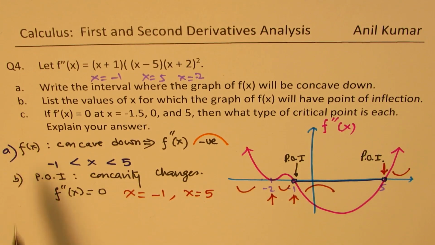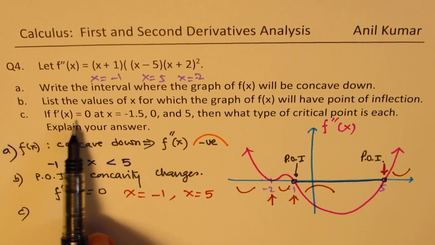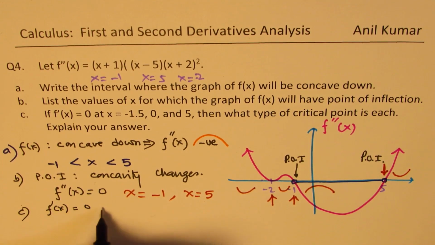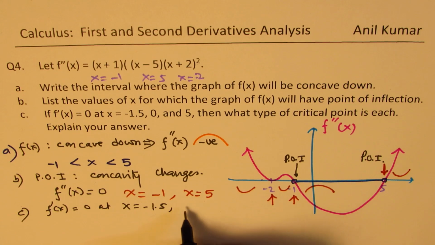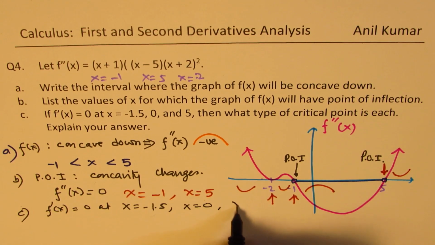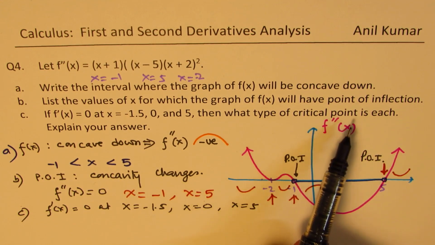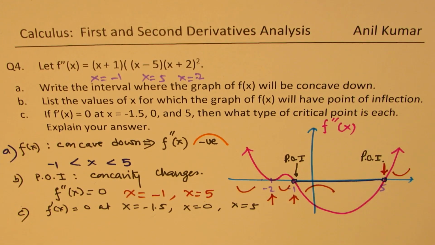Now, part C is: if the first derivative, that is f dash x, is 0 at x equals minus 1.5, x equals 0 and at x equals 5, then what type of critical point is each?